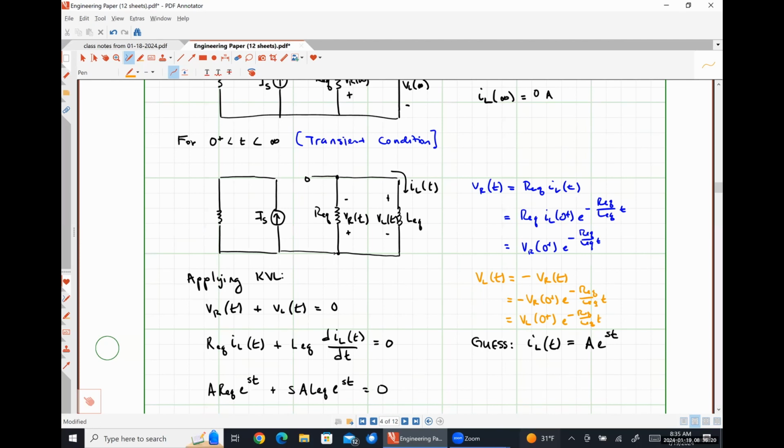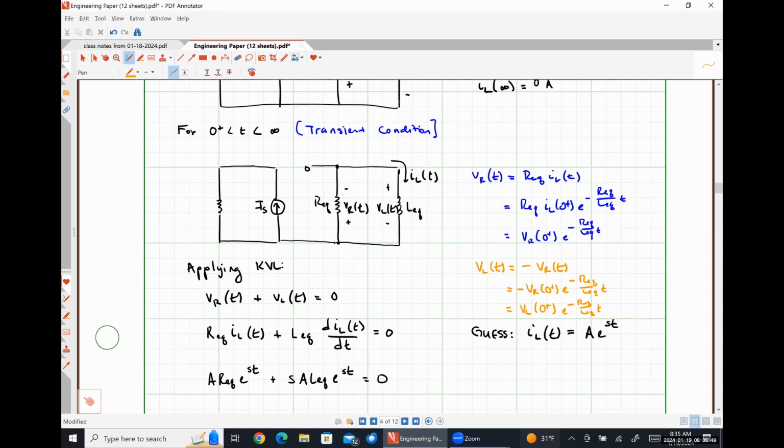So what we've just figured out here is actually that if our inductor current is behaving with this exponentially decaying response, every other voltage and current in our system is going to have that exact same exponentially decaying response as well, because Ohm's law, Kirchhoff's current law, and Kirchhoff's voltage law are literally going to force that to happen, okay?